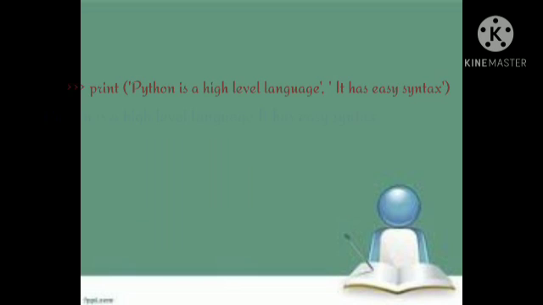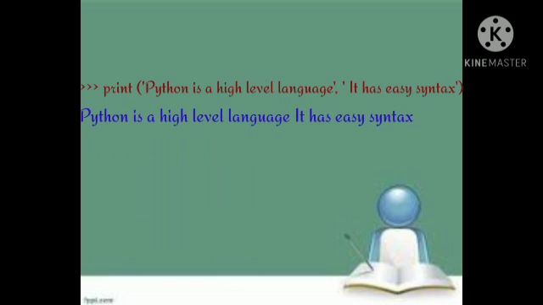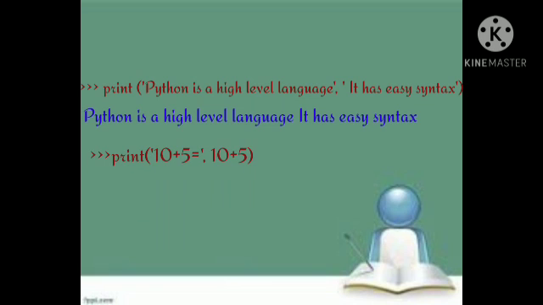Now, Python is a case-sensitive programming language. It means that Python differentiates between capital and small letters. For example, print with capital P and print with small p are two different things for Python, where small p, print, is valid in Python, while print with capital P is just a word and it's not a command.